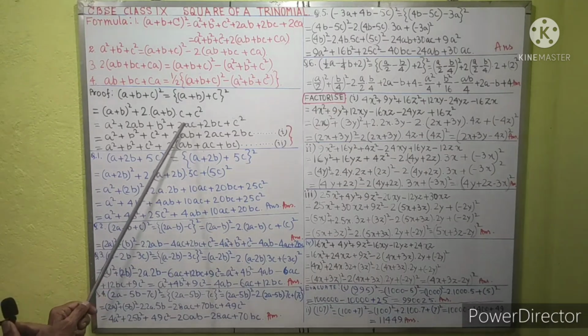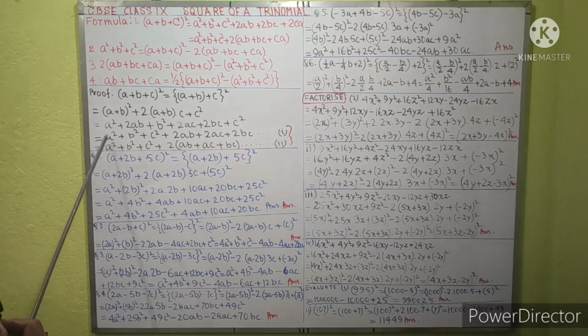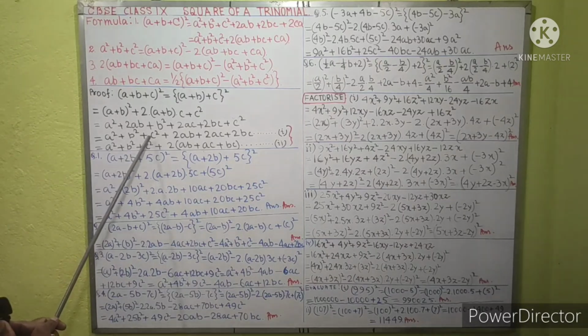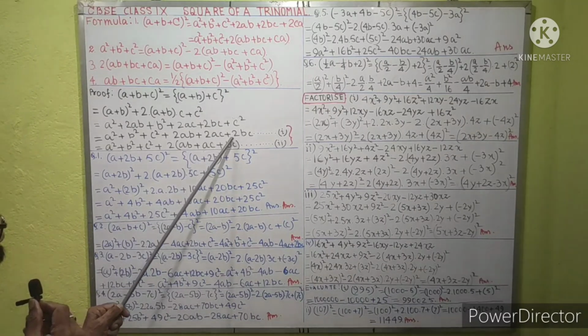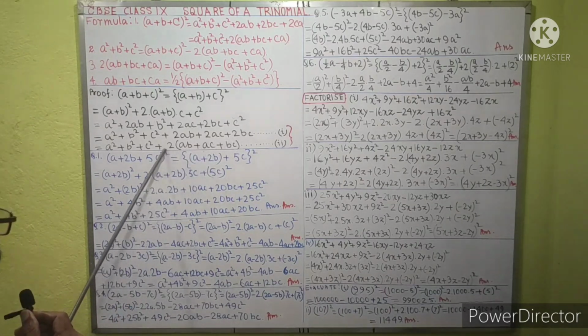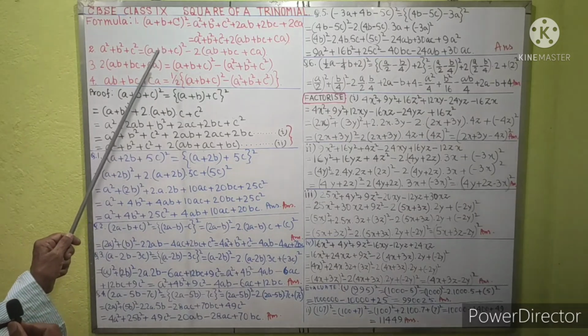Here B equals C, and with the same design we have done it. That is A square plus B square plus C square plus 2AB plus 2AC plus 2BC. Taking 2 common, we have got the second form.